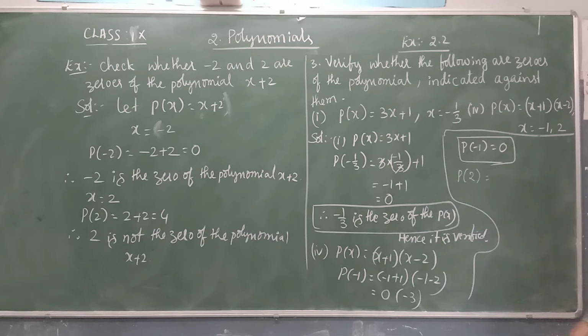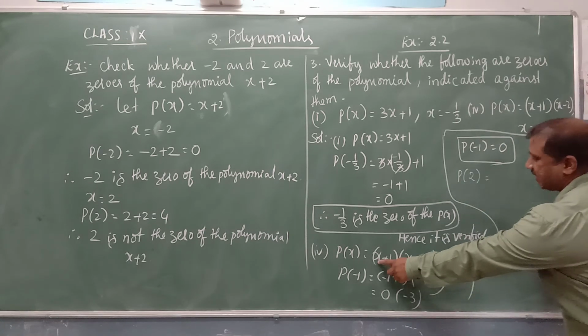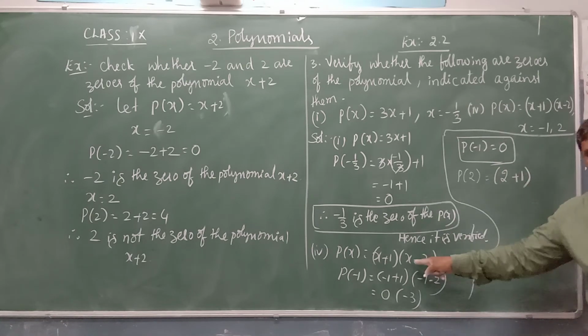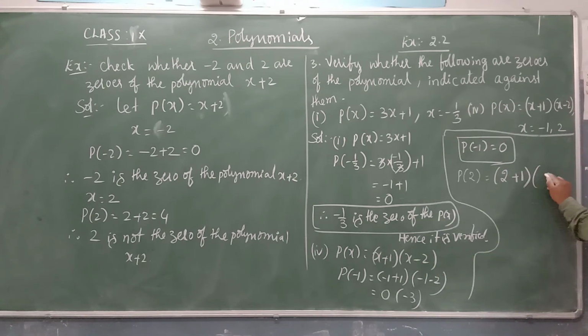It is 2 plus 1 into 2 minus 2. That is equals to 3 into 0. When we multiply any number with 0, what is the product? 0. Therefore it is 0.